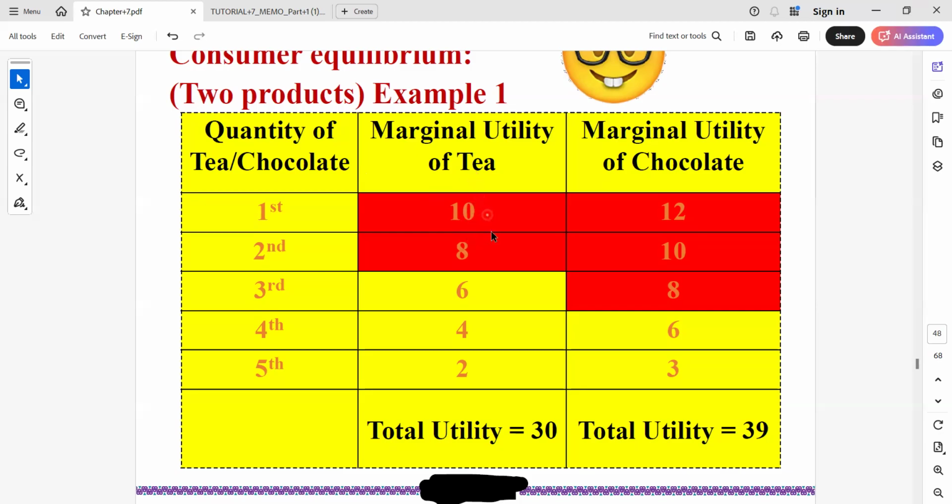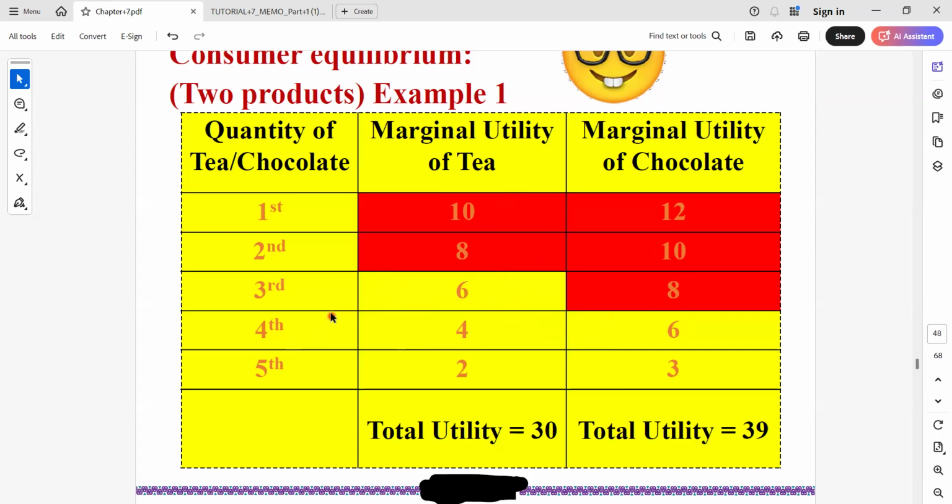You look at where your marginal utility is equal. So your marginal utility is equal here and here and here, and also here and here and here. So 6, 8, 10, 10, 8, and 6. So when your marginal utility is 6, the consumer will purchase 3 tea and 4 chocolates.